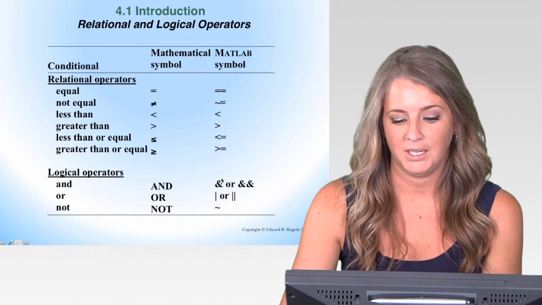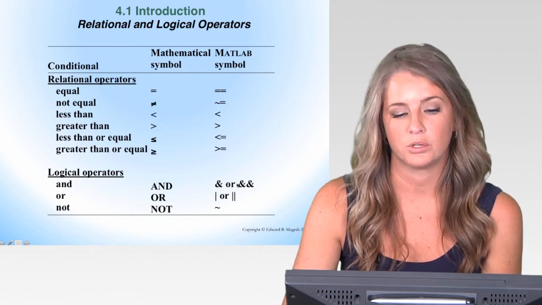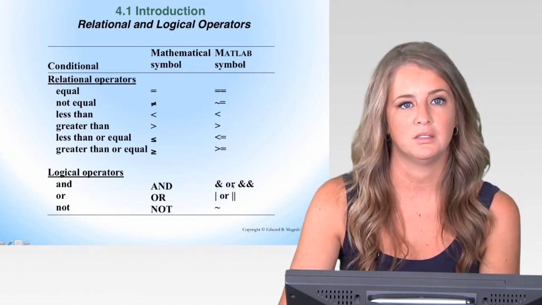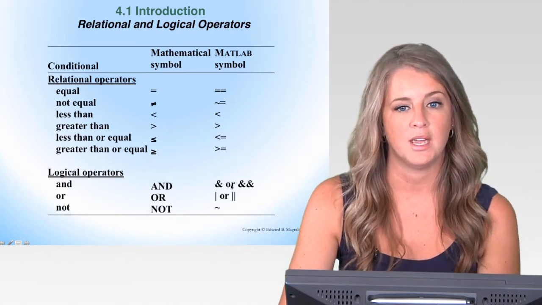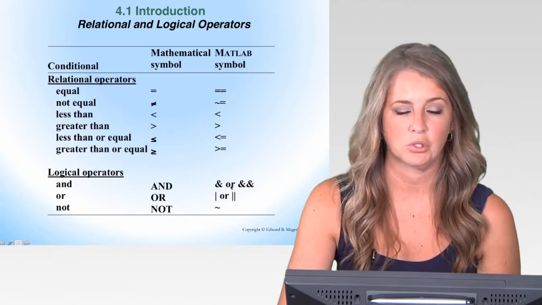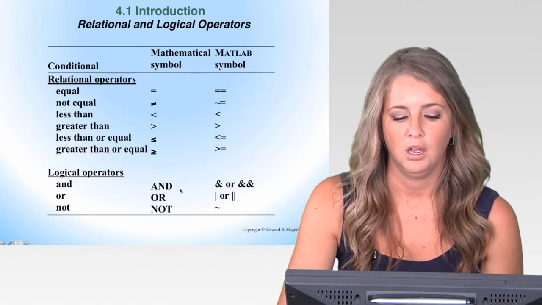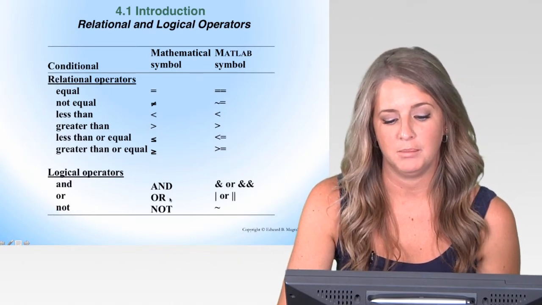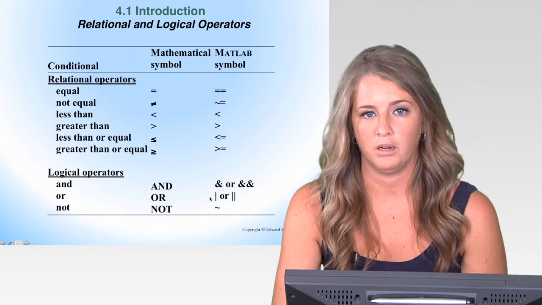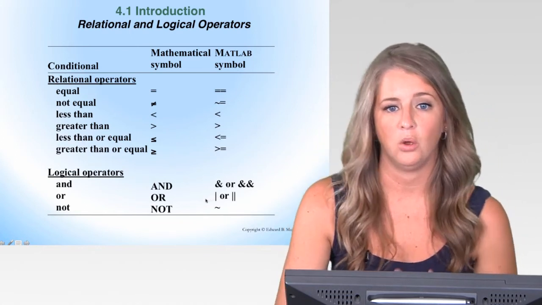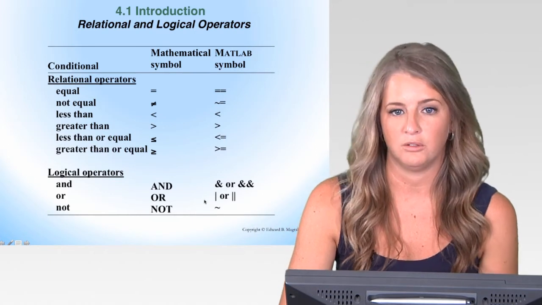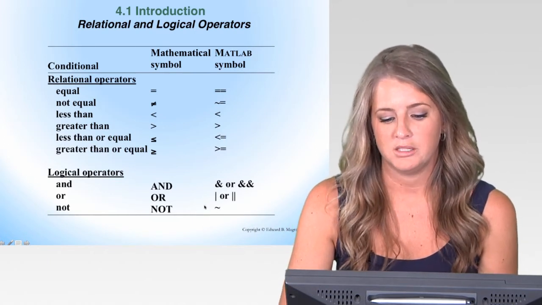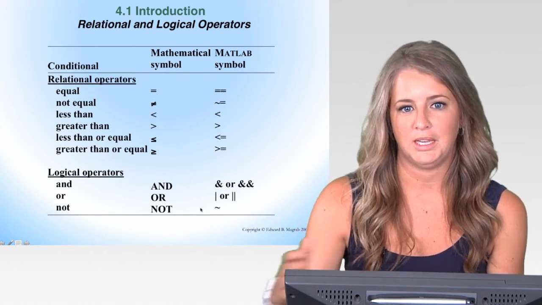So for example, with and, we can use one and symbol or two and symbols, but basically what that means is if we have condition A and condition B, both of those have to be true in order for the script below it to be executed. If it's an or statement, that means either one of the conditions, either condition A or condition B, has to be true to execute the following script. And then not is basically just used to negate a condition.